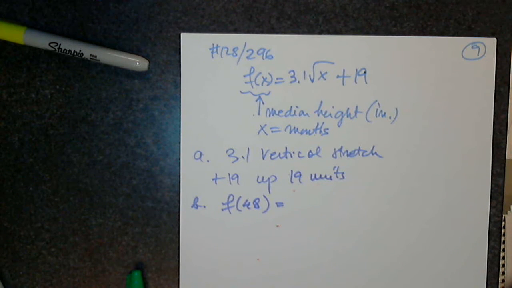I recommend going to the graphing calculator, in y equals, clear if you have something, put 3.1 times the square root of x, and outside plus 19. After you plug in the function, go to second and table.